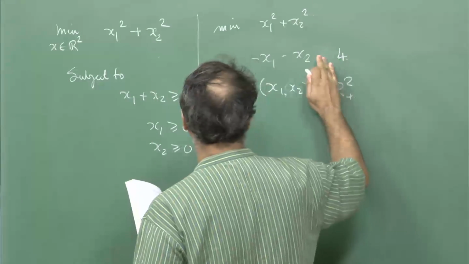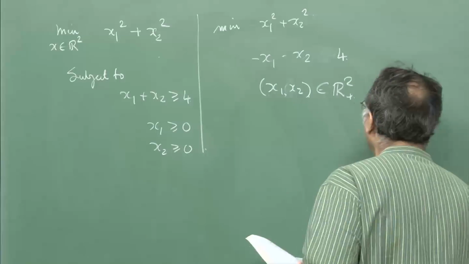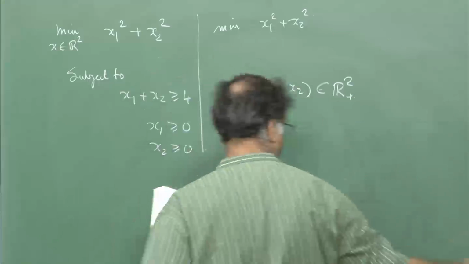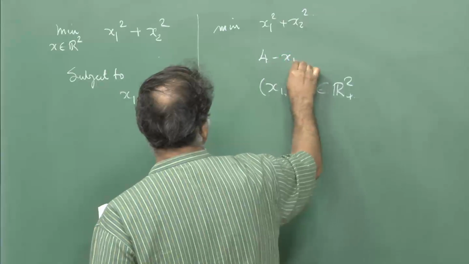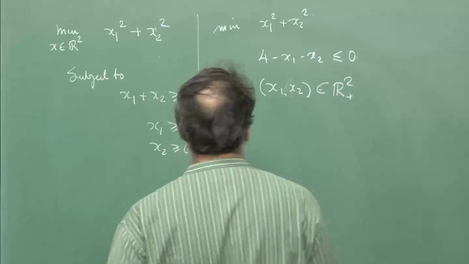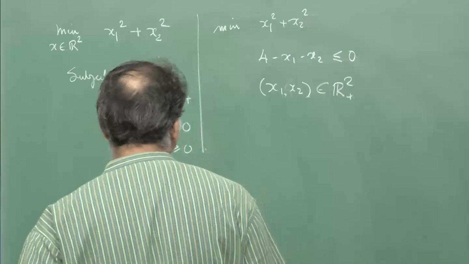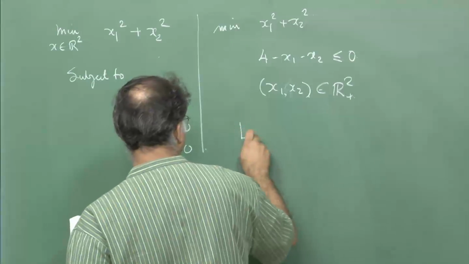Sorry, I made a mistake in writing this. I should have written it like this instead of putting it like that. I can write it as 4 minus x1 minus x2. Now, if I form the Lagrangian function, I will only club these two in the Lagrangian, I will not keep the other in the Lagrangian.